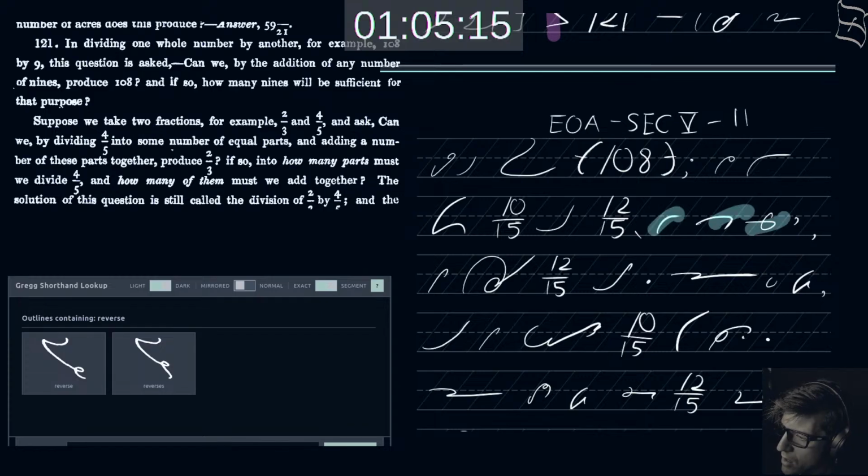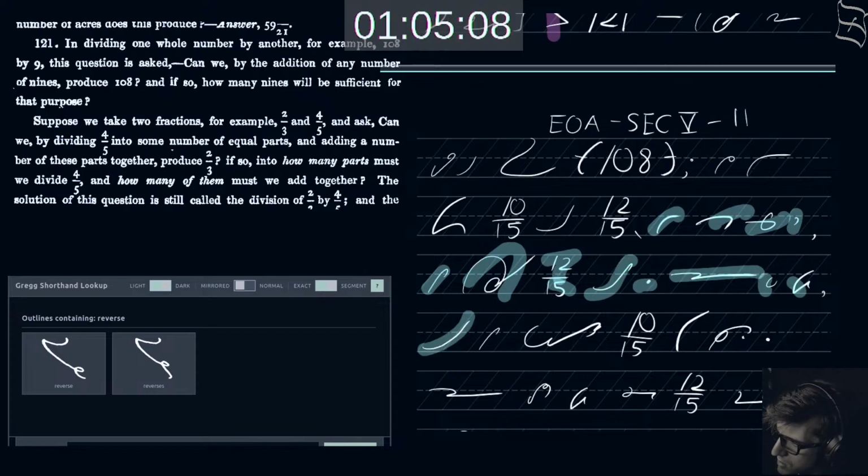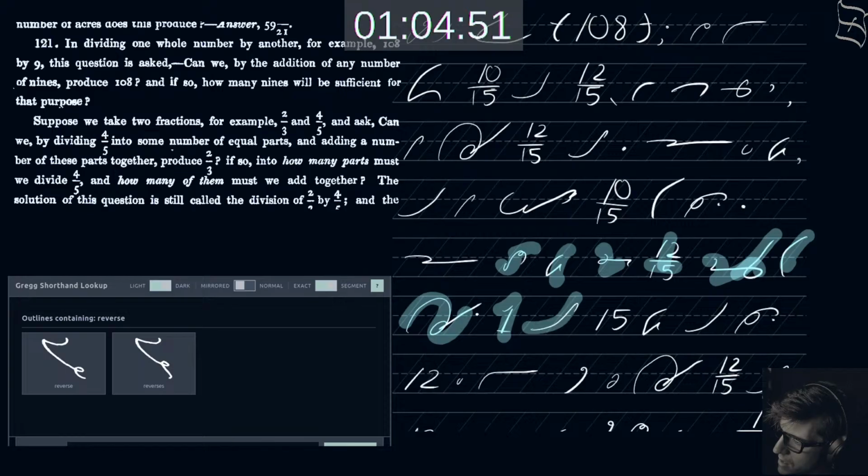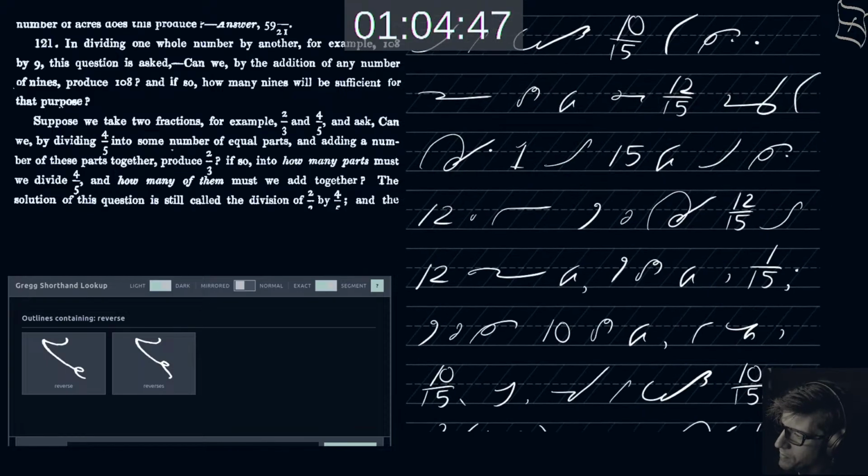The question now is to divide 12/15 into a number of parts, and to produce 10/15 by taking a number of these parts, since 12/15 is made by dividing 1 into 15 parts and taking 12 of them.